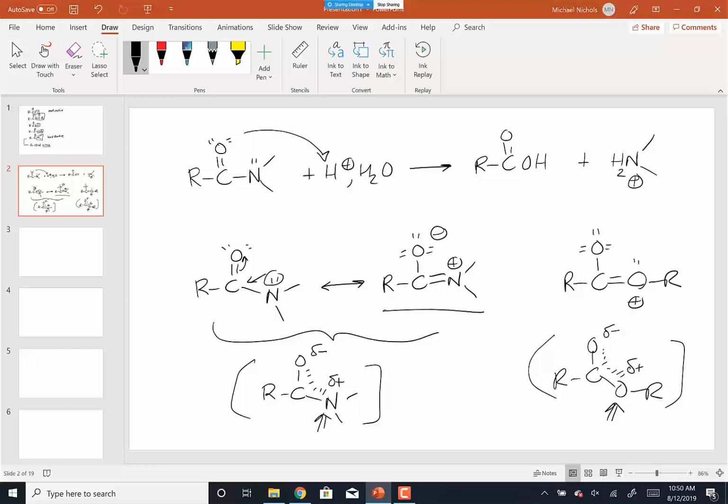So for amides, despite the fact that nitrogen is a better base atomically, in an amide you always still protonate the carbonyl oxygen.